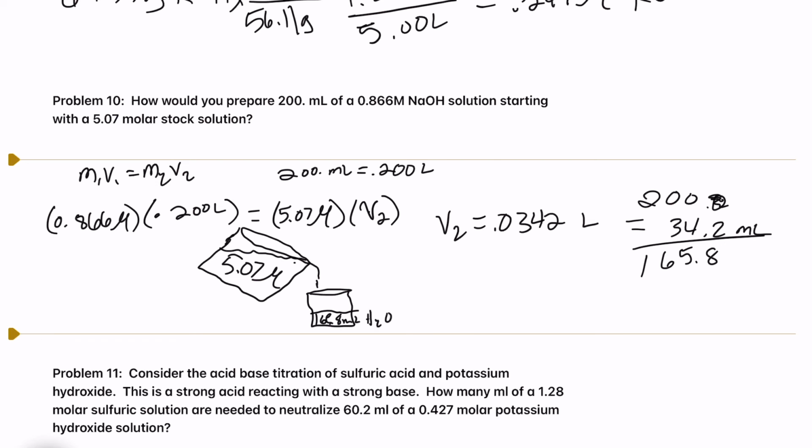In three significant figures it would have been less, except we're dealing with addition and subtraction here, so I'm going to look at decimal places. 165.8 milliliters first of water, then I'm going to pour in 34.2 milliliters of our stock solution so that I reach a total of 200 milliliters. And that's going to give me 0.866 molarity.